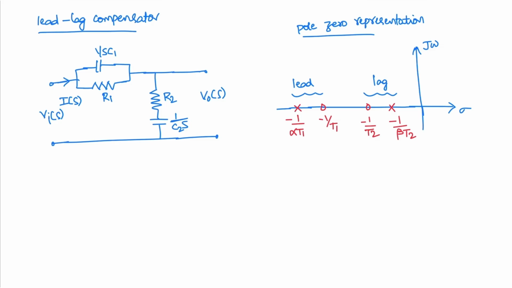From this pole zero diagram, there is phase lag in the low frequency region and phase lead in the high frequency region, and it is used for improving both the transient and steady state response of the system.